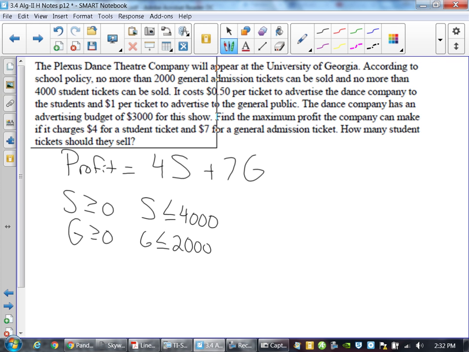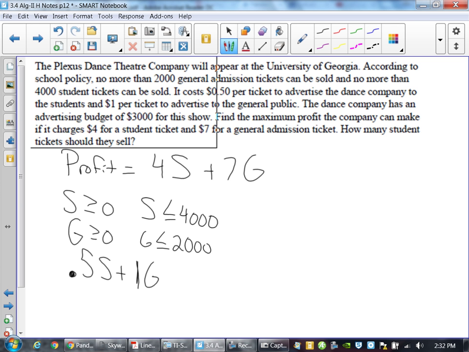So with that information, we already know that we've got a rectangle, if you just start thinking about it. And then what was the other constraint that they had? Their budget, their advertising. How much did it cost to advertise to students? 50 cents to a student and $1 to the general admission.